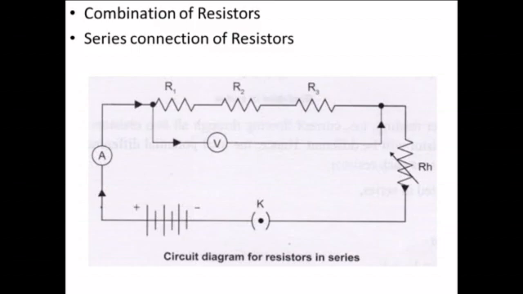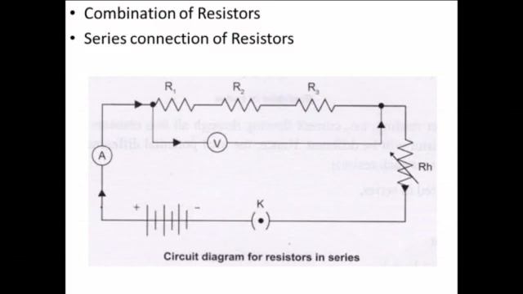So from these equations we are able to see that IR equals IR1 plus IR2 plus IR3. On the LHS and RHS, I is common. So we get the general form capital R equals R1 plus R2 plus R3.